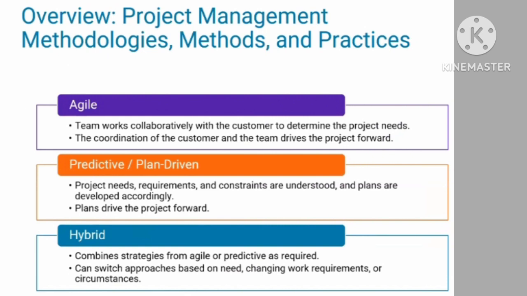Similarly, these methods are also applicable for mechanical, electrical, electromechanical and electronic projects, and real estate projects are also using these methods. Maybe you have a question: how are these methods like agile, predictive and hybrid applicable?